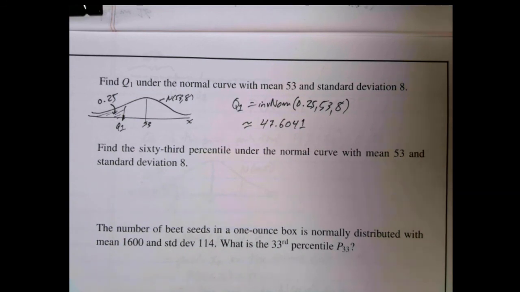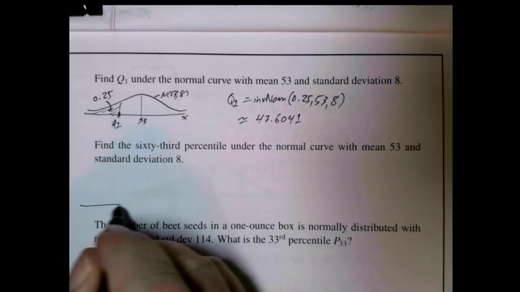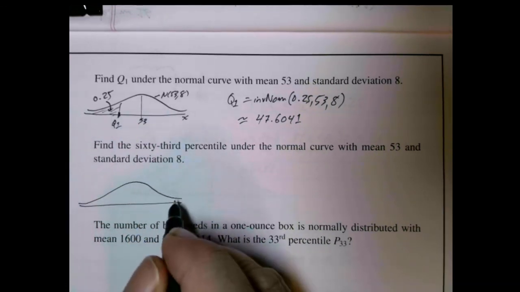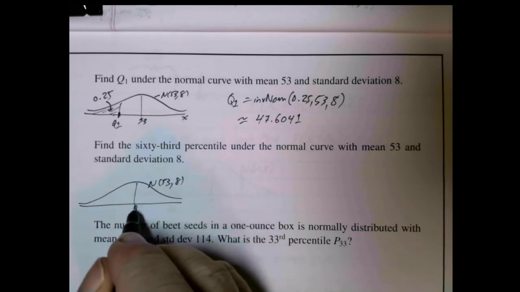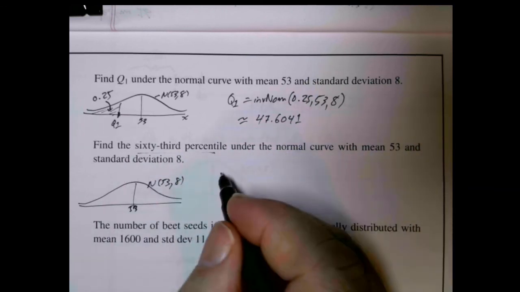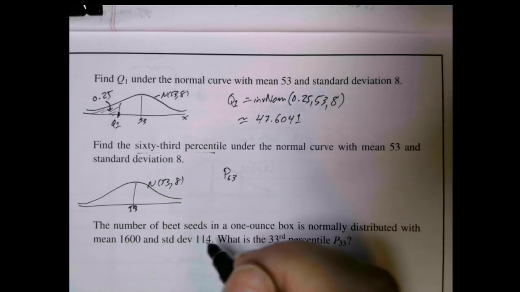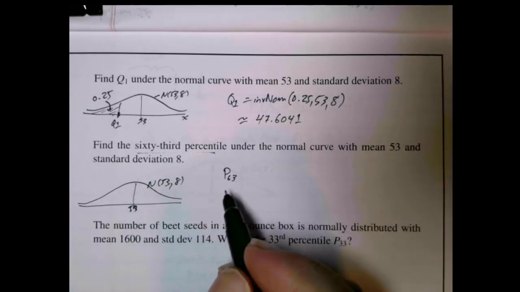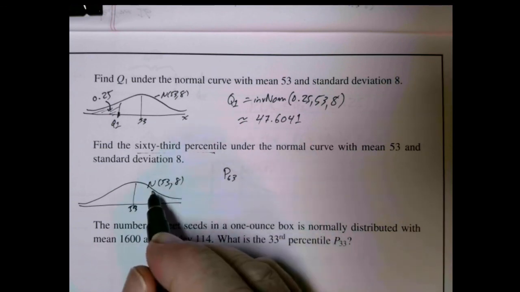Okay. Find the 63rd percentile under the normal curve with mean 53, standard deviation 8. This time I'm looking for the 63rd percentile, P63. What defines it is that the area to the left of it under the normal curve is 0.63.